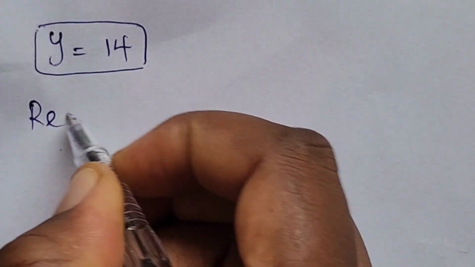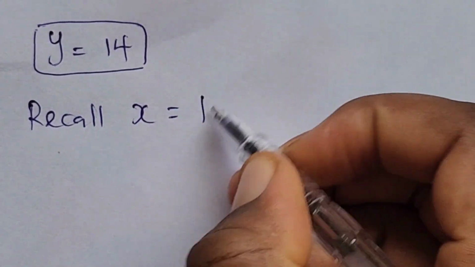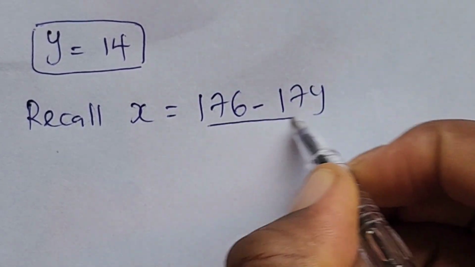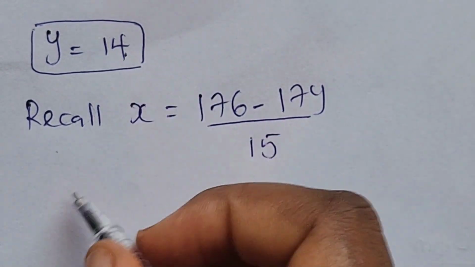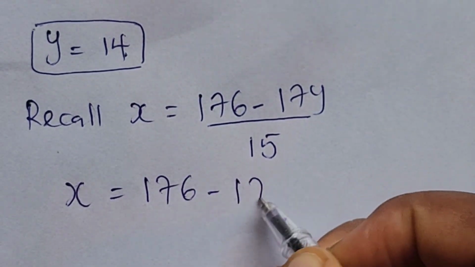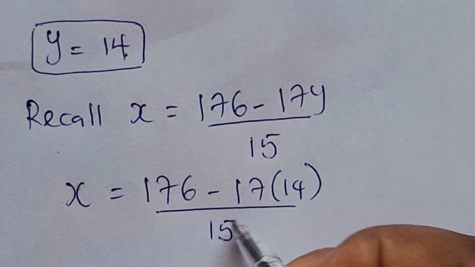So let's recall our x. Our x is equal to 176 minus 19y all over 15. So when y is 14, we have x equal to 176 minus 19 times 14 all over 15.